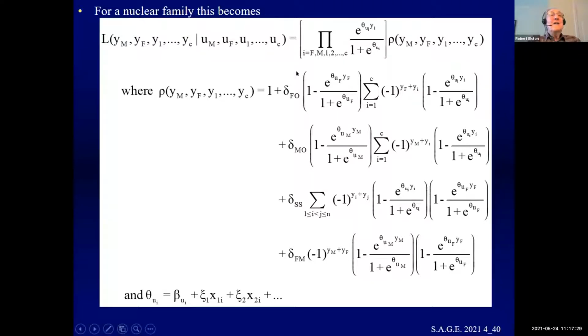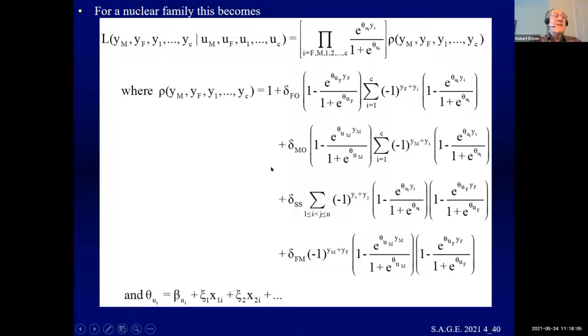You have here the correlation. This one here is a correlation for these, and in this particular case for a nuclear family, you have one for the mother and father, and you have the father-offspring, mother-offspring, and sib correlations.